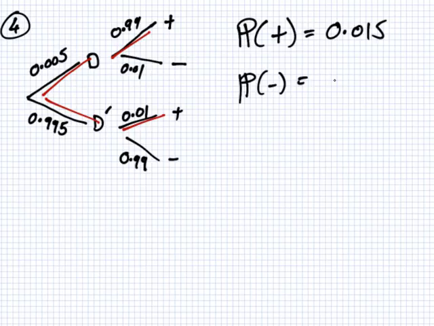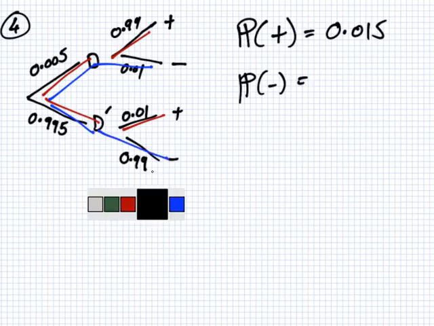Okay. And then get a negative test result. That would be in blue here. You can get drug and negative and not drug and negative. So calculate that one, please. So we add them or multiply them? You multiply and then add.